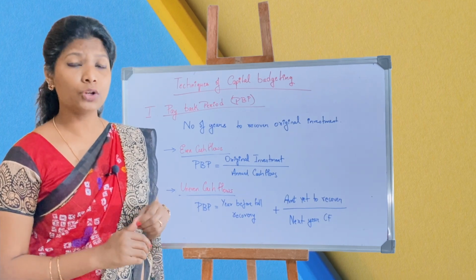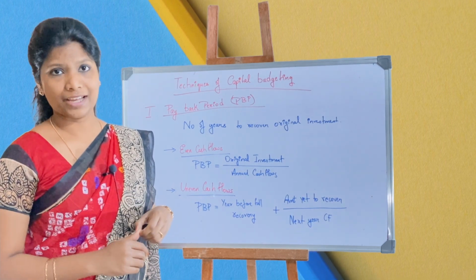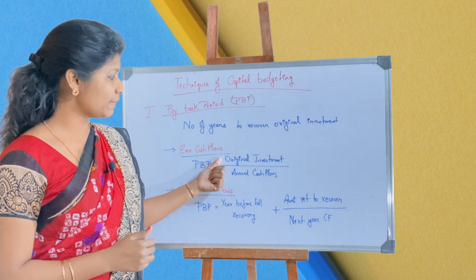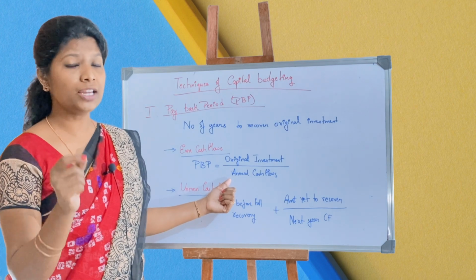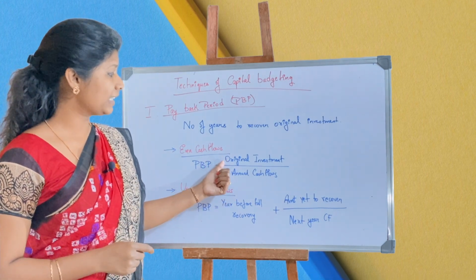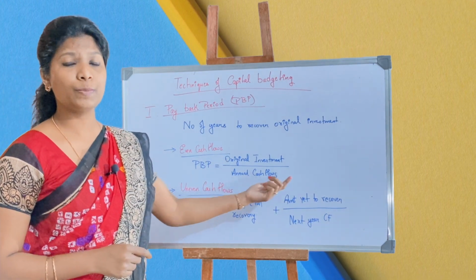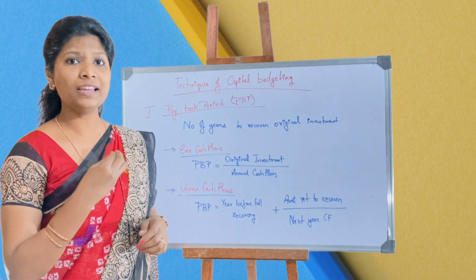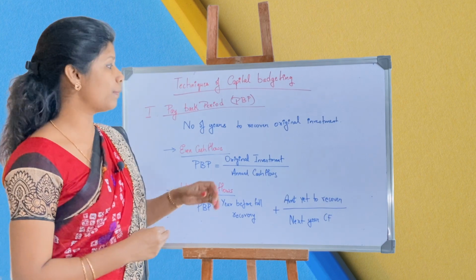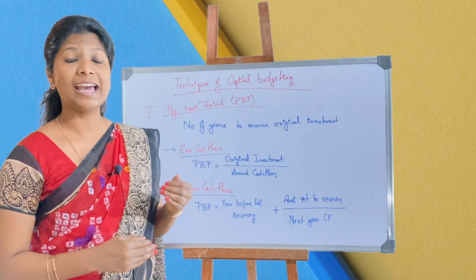Every year your return on investment is rupees 2 lakh. So 10 lakh divided by 2 lakh. What will be my answer? 5 years. So within 5 years, my original investment I will be recovering.